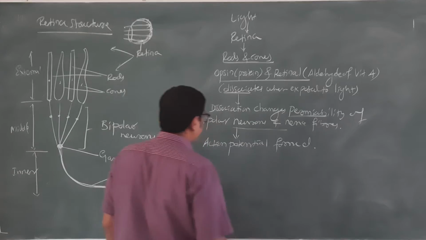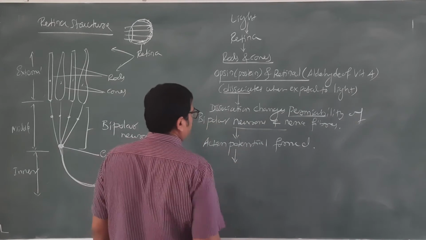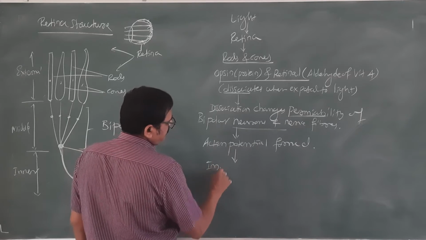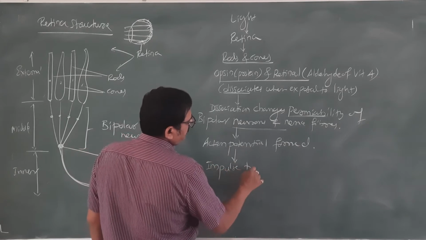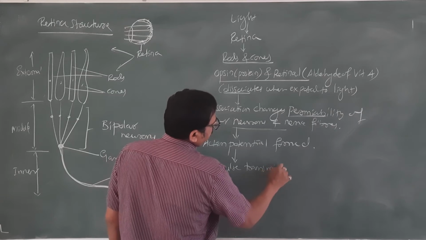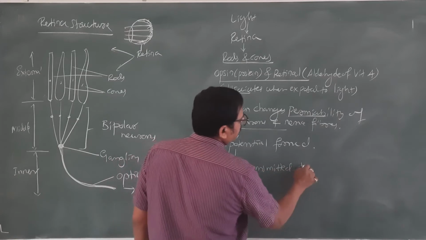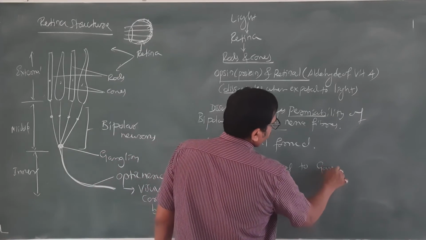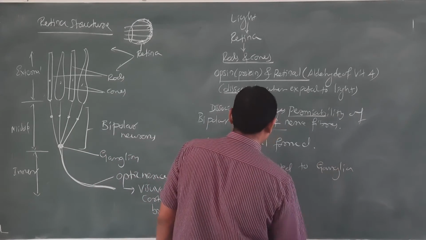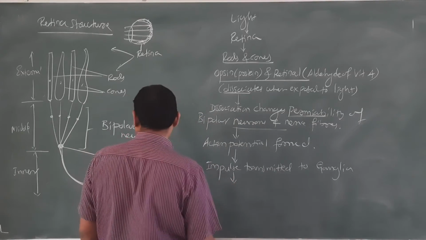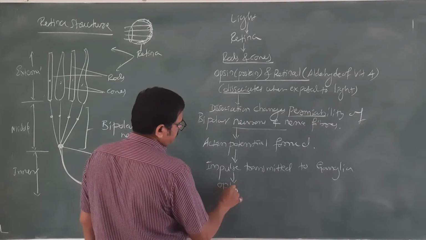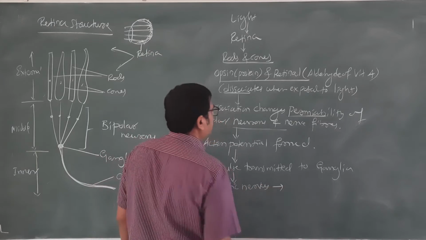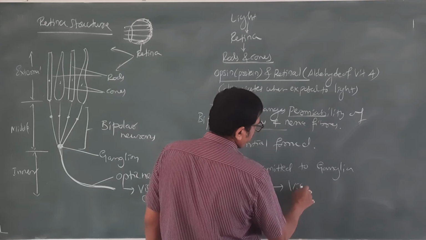This action potential further travels, the impulse is transmitted to the ganglia, then to the optic nerves, then to the visual cortex of the brain.